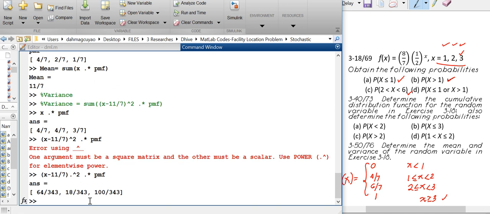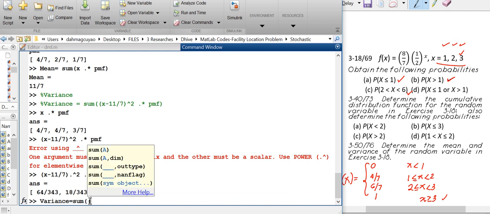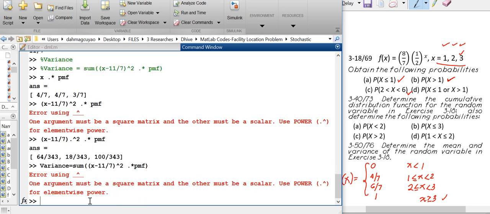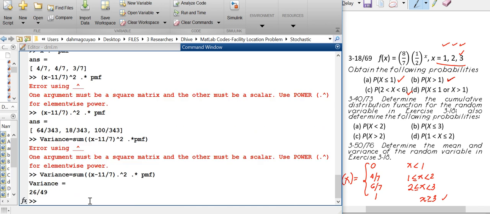And then to solve for the variance, that would be the sum of x minus 11/7 squared dot asterisk PMF. Sorry again. This should be that raised to 2. So the variance is 26/49.